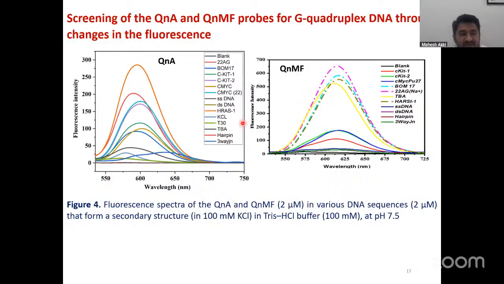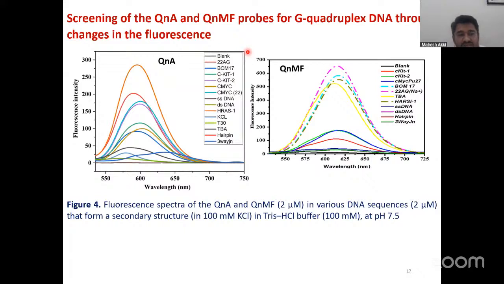This significant increase in fluorescence along with the bathochromic shift, or red shift, indicates that the quinolinium and benzene parts of these two molecules, QNA and QNMF, are likely involved in stacking interactions with the G-quartet plane of the DNA through pi-pi stacking interactions.